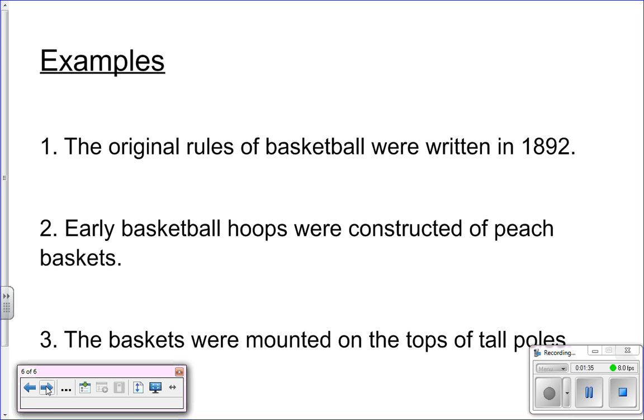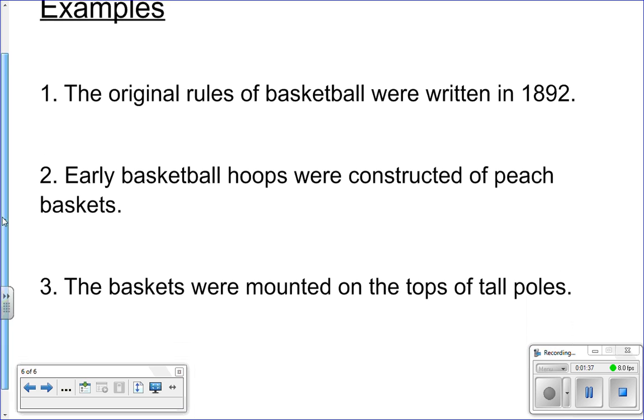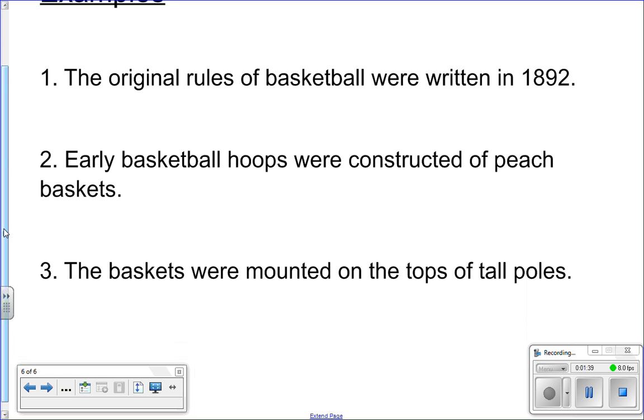Let's take a look at some examples of prepositional phrases within sentences, and let's identify how they're functioning within sentences. For number one, we have the prepositional phrase of basketball, which is touching the noun rules. It is telling us which rules, the rules of basketball. So this one is functioning as an adjective.